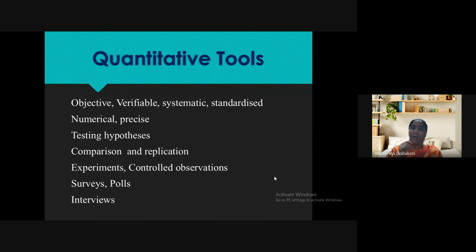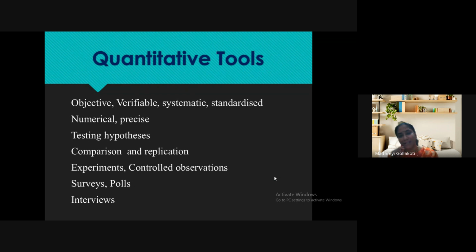Okay. And comparison and replication. We can compare quantitative tools. 60% of people like this product in Maharashtra. 60% of people did not like this product in Andhra. Like that we can compare. Okay. And replication. Once the system is set up, we can use the same system in different scenarios.